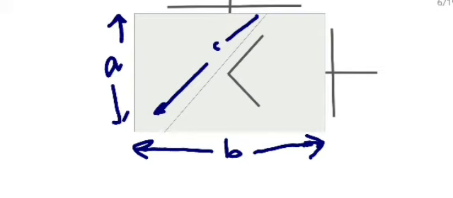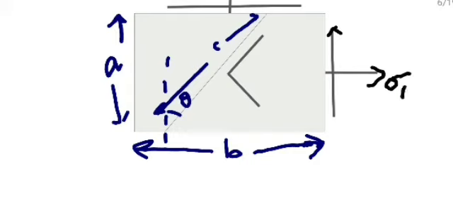And the inclination of the plane with the vertical is considered as theta. Now we'll move on to stresses. It experiences normal stresses sigma 1 tensile, sigma 2 tensile, and tau clockwise. So we are taking everything in the positive direction. So this is the positive direction, so this should be opposing that.